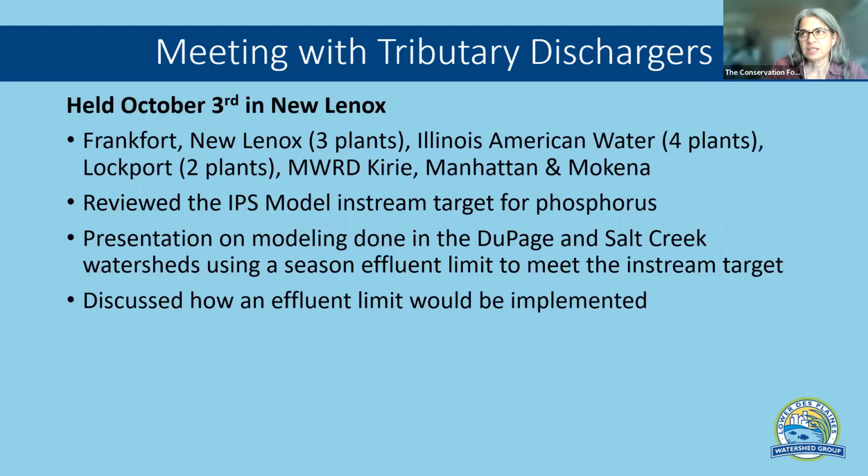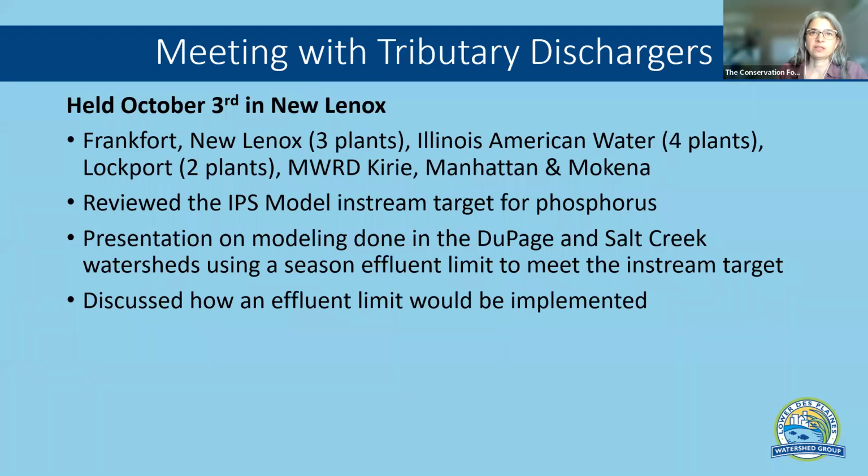And then kind of an update for where things are at moving forward on the tributary side of things. So we did hold a meeting in October down in New Lenox with participants from our tributary plants and really got into more detail.